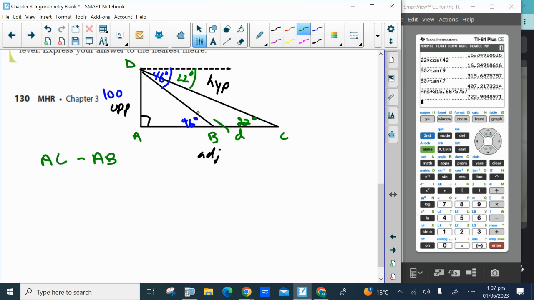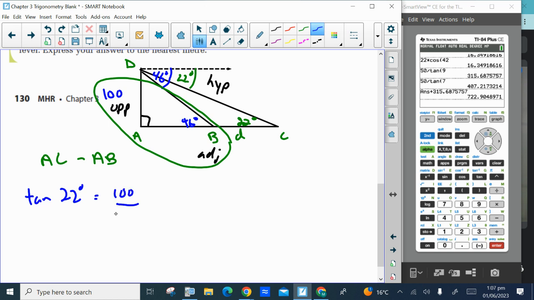We're going to use the opposite and the adjacent to find the length of the adjacent, which in this case will be side AC. Opposite and adjacent, again, is our tan ratio. The tan of the angle, which is 22 degrees, equals the opposite, which is 100, over the adjacent, which again will be AC. I'm using the 22-degree angle, so it has to be AC.